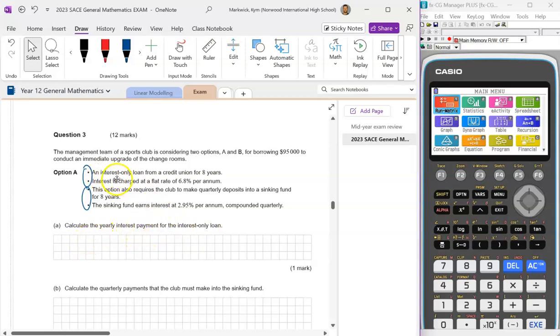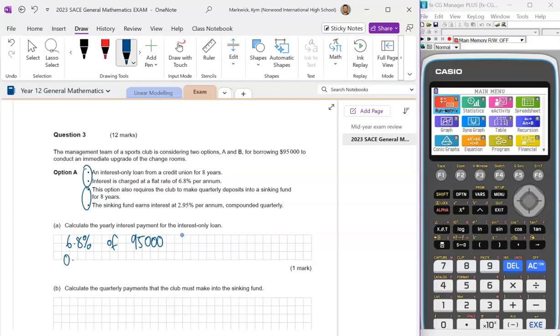Part A of the question asks us to calculate the yearly interest payment for the interest-only loan. So just the first 2 dot points there, for 8 years at 6.8% of $95,000, but it's saying the yearly interest. So we're just working out the simple interest for 1 year, or 6.8% of $95,000, and that's how much interest they'll have to pay each year for 8 years.